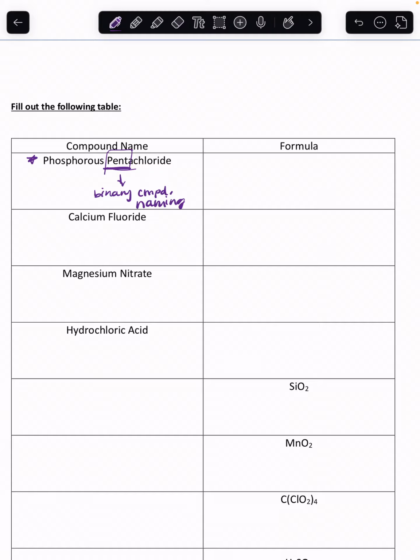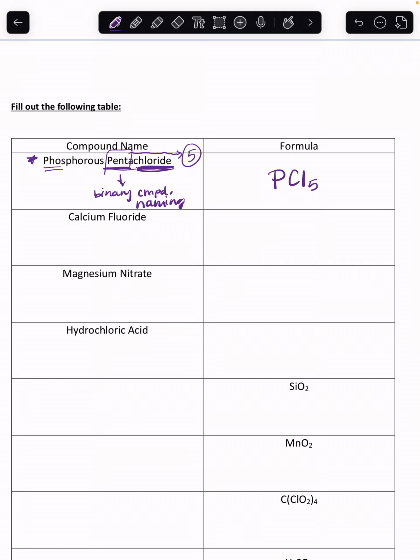So I look at phosphorus. It doesn't have a prefix, so it's just P. And then I come over here and chloride, that's chlorine. I know what that is. And then I just have to figure out what penta means. This would be a good thing to study, your prefixes. Penta means 5. So I have 5 chlorines. PCl5.